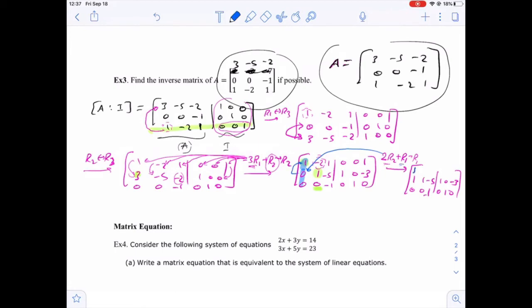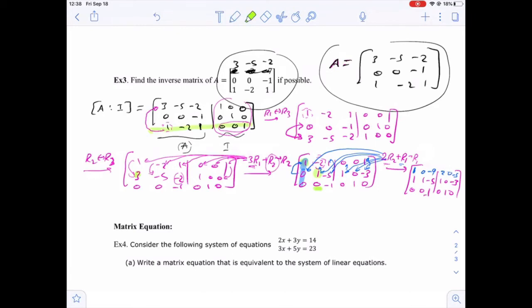Plus 1 is 1, and then 2 times 1 is 2, and add it to negative 2, that's 0. 2 times negative 5, negative 10, plus 1, negative 9. Then 2 times 1, 2, plus 0, 2. 2 times 0 plus 0 is 0. 2 times negative 3, negative 6, plus 1, negative 5.